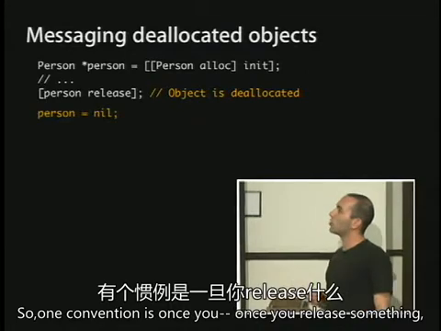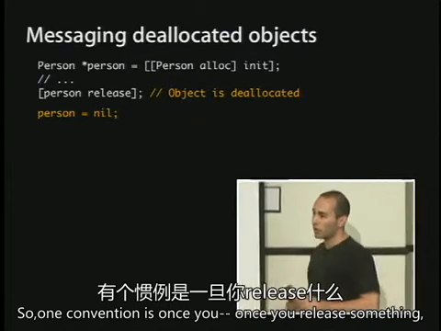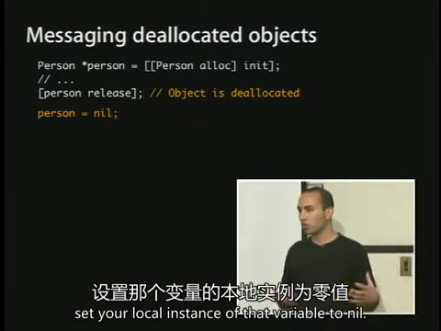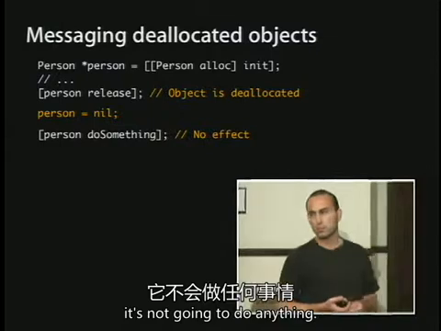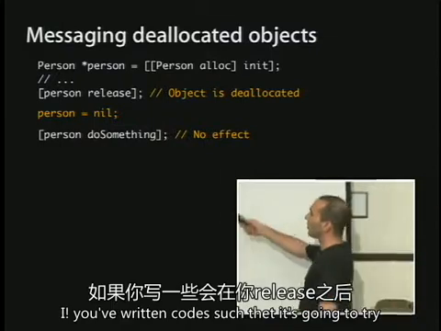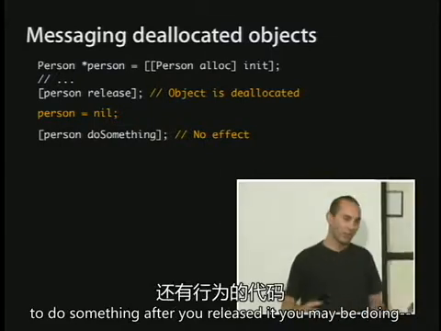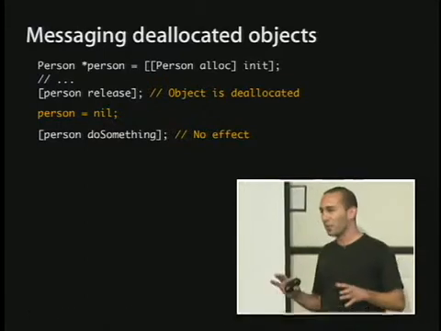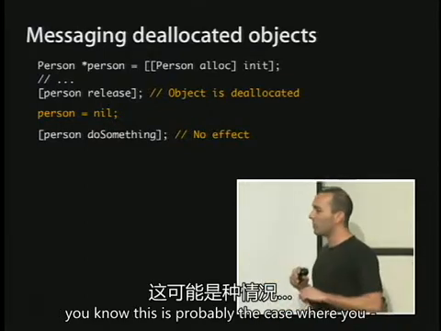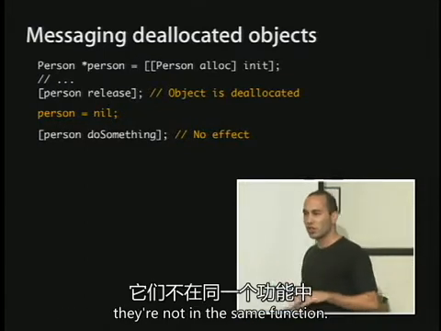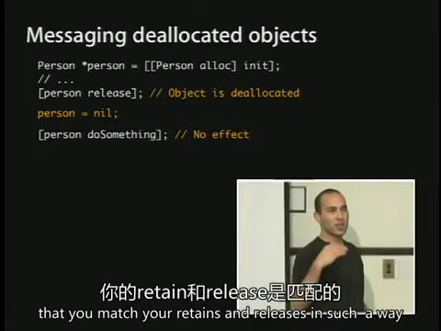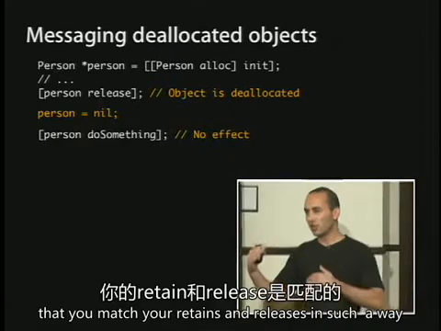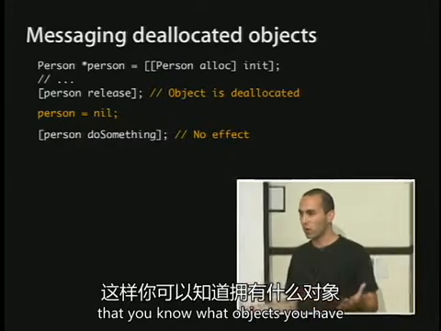One convention is once you release something, set your local instance of that variable to nil. Then if you try to do something on it, it's not going to do anything. If you've written code such that it's going to try to do something after you released it, this is probably the case where they're not in the same function. But in general, you want to make sure that you match your retains and releases in such a way that you know what objects you have.